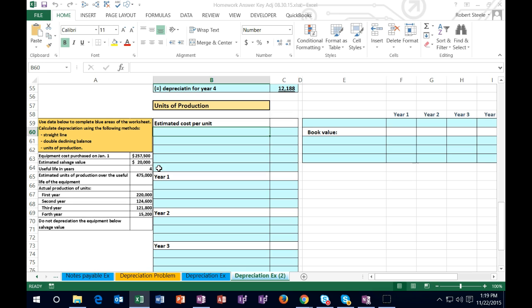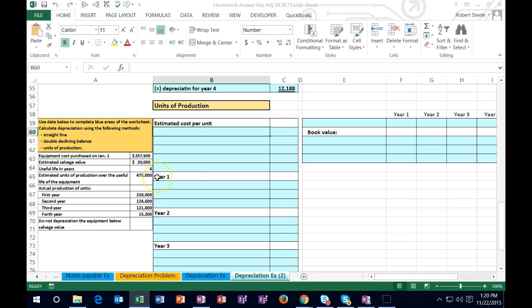And at the end of it, even if it's totally scrapped, if it's like a forklift or something like that, we believe that we can scrap it for something. So it still has value even though it may not be in use, or we're estimating that it will not be in use after that 4-year time period. That value being the salvage value of 20,000.